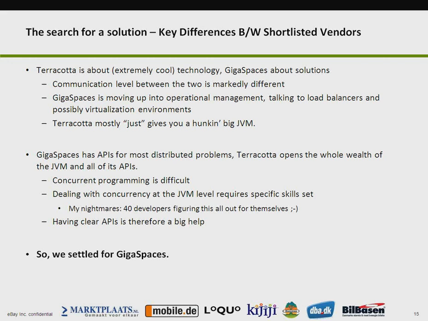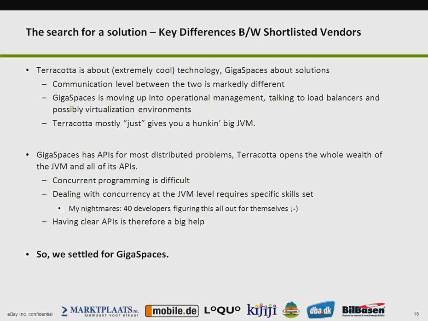And frankly, it was a really, really tough call, except for a couple of things that made a huge difference to us. If you look at the core thing about Terracotta and GigaSpaces, Terracotta is a distributed JVM clustering technology. There was also a difference in how we got approached by both vendors, where Terracotta was about technology and GigaSpaces was talking about problems and solutions.